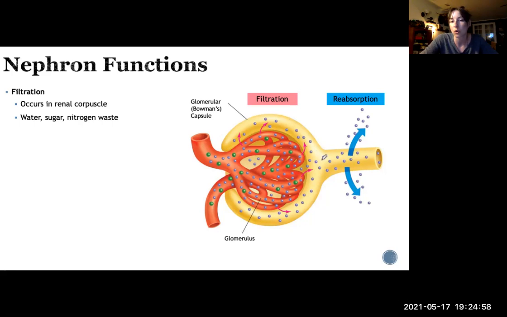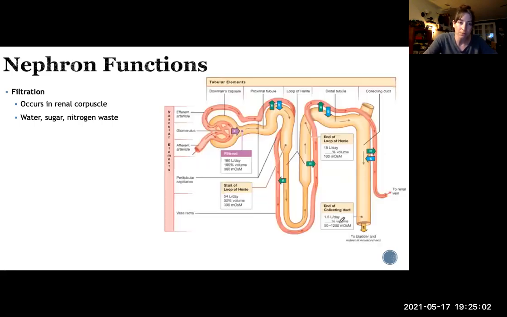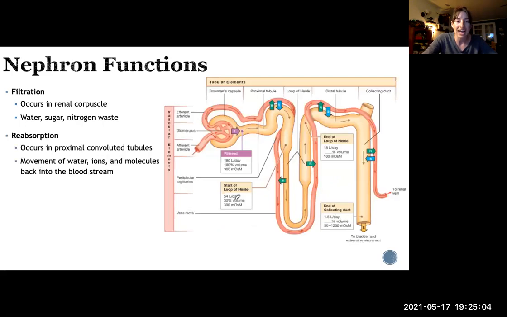And then it's going to go into the proximal convoluted tubule, which is where reabsorption starts to happen, okay? So F is for filtration at the glomerulus.